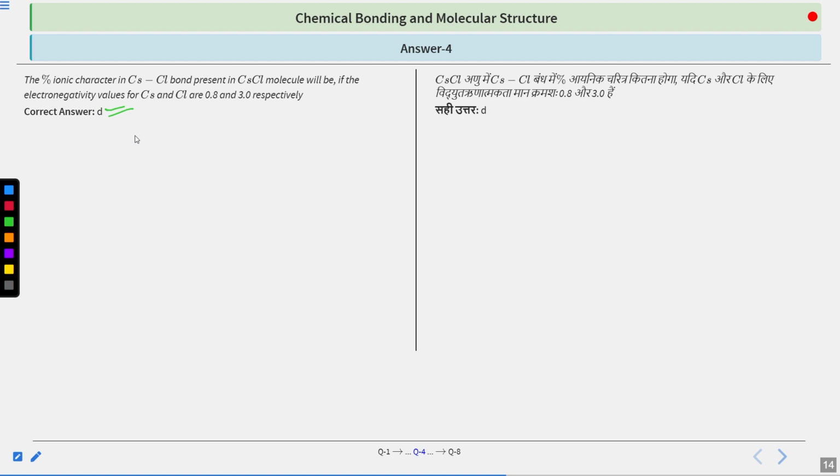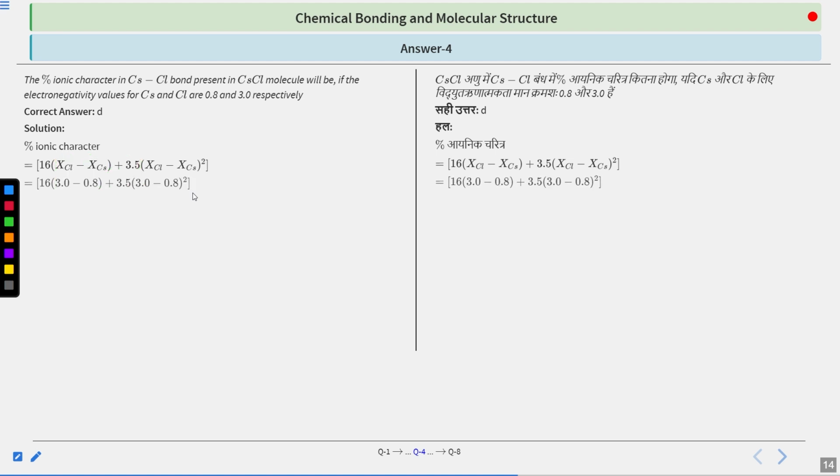Now how will I solve it? First, we will find the theoretical percentage ionic character. For that we have this formula: 16 multiplied by (electronegativity of Cl minus electronegativity of Cs), plus 3.5 multiplied by (electronegativity of Cl minus electronegativity of Cs) whole square.